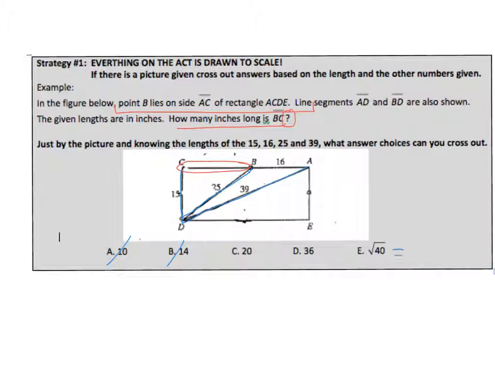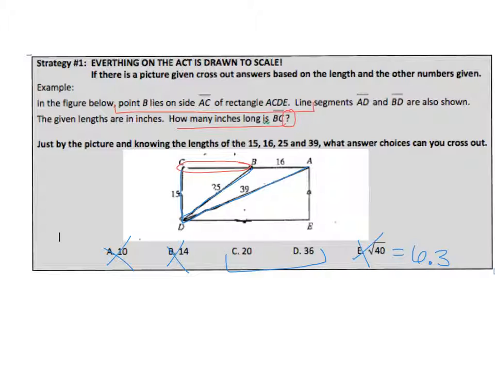But with the square root of 40, they're trying to trick you and make you think that it's 40, but the square root of 40 is actually about 6.3 something. So that's even smaller than 15. So E is out, B is out, A is out. So automatically you are down to two options and you've done very little math.